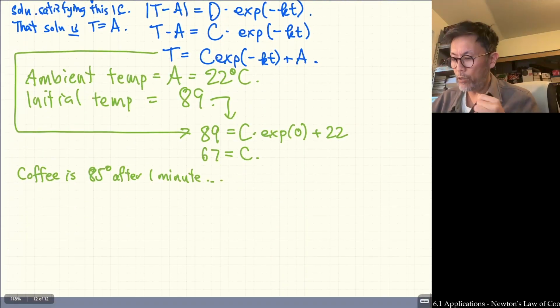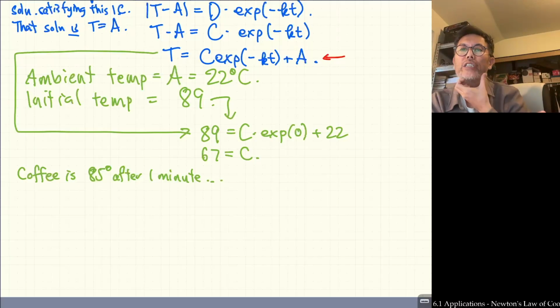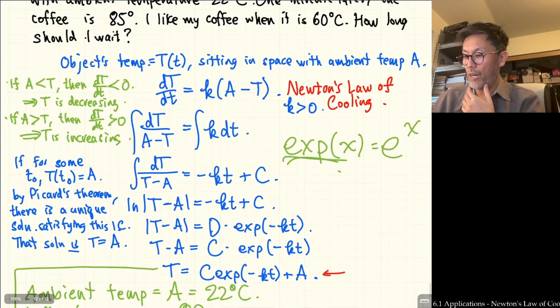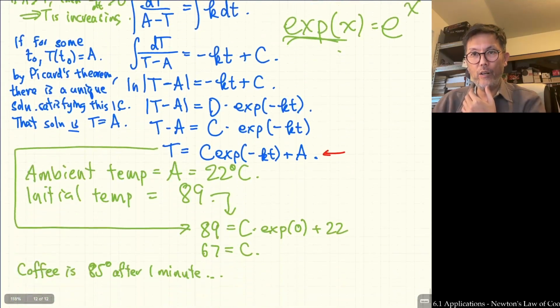Okay, let's finish this problem. So we wrote down the general solution to the differential equation, and now we want to use the data that we have at hand in order to solve the coffee problem, because I like my coffee at this temperature and I need to know how long to wait.